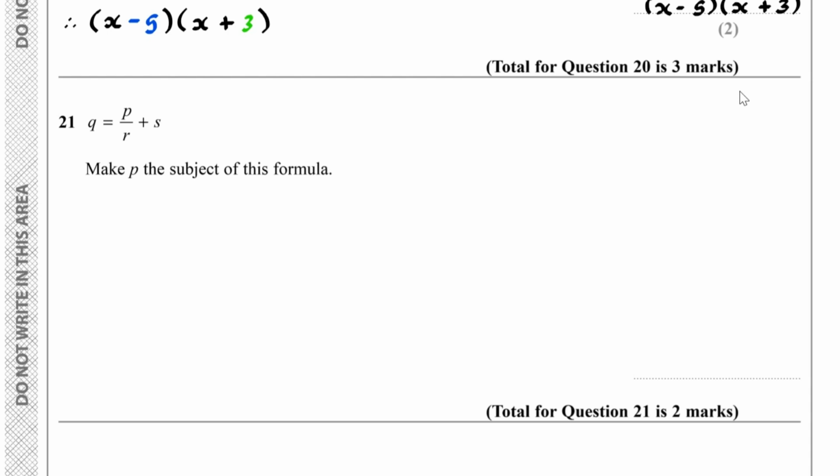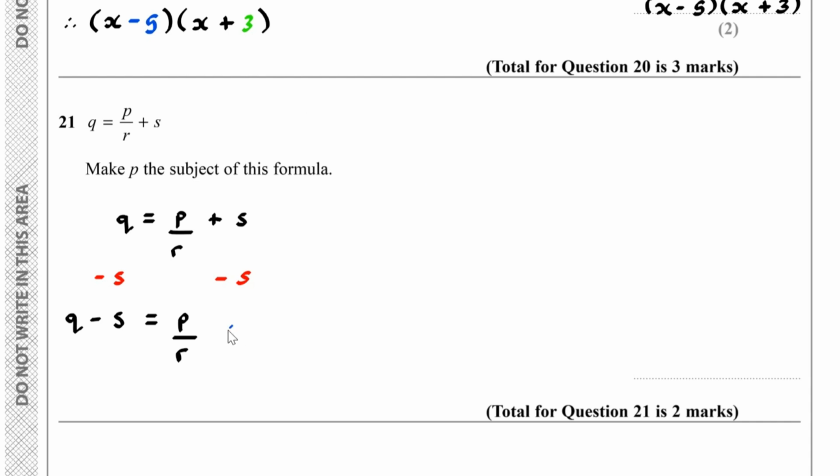Question number 21, we've got q equals p divided by r, plus s, and we have to make p the subject of the formula. So if I begin with q equals p divided by r plus s, the first thing I can do is subtract s from both sides. And if I do that, I would have q minus s equals p divided by r.